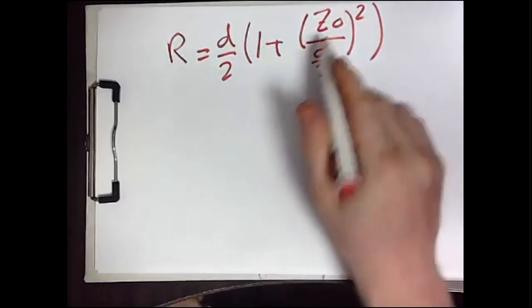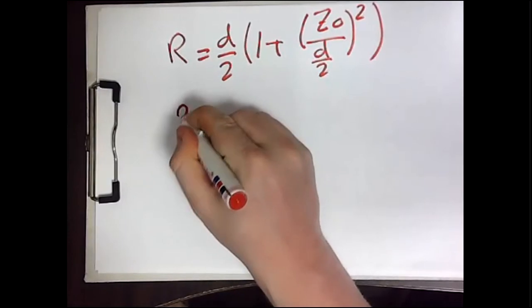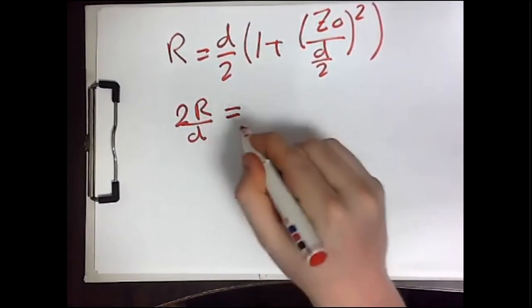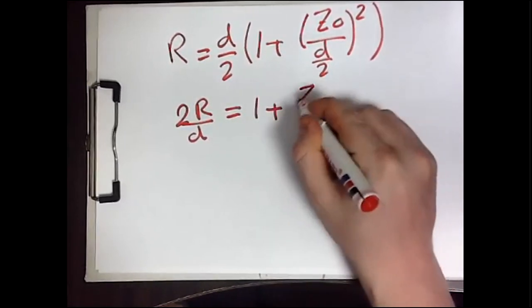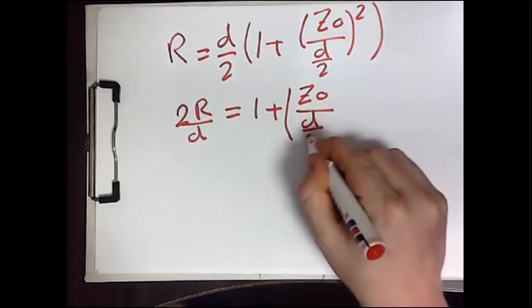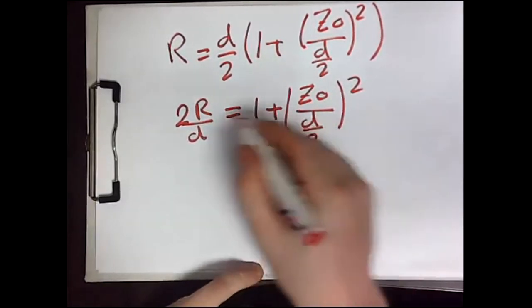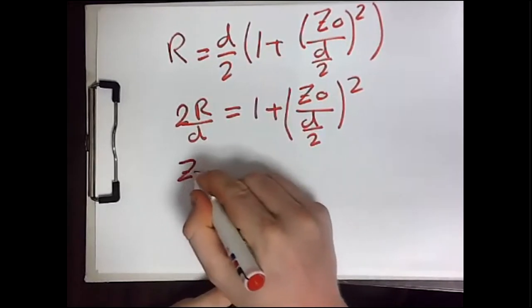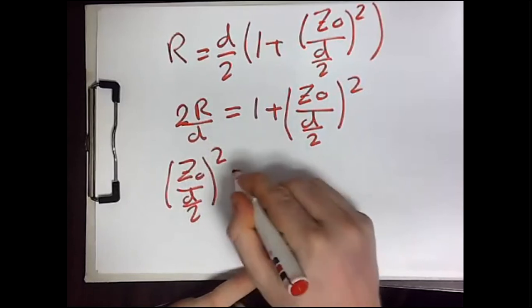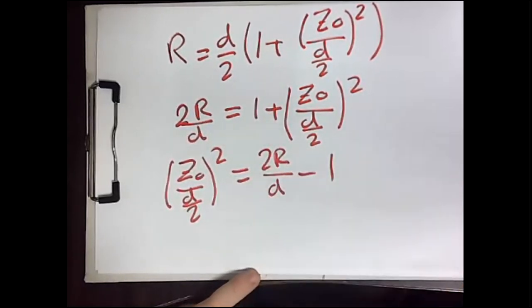Let's solve it for Z node. So 2R over d equals 1 plus (Z node over d over 2) all squared. Or we can write that (Z node over d over 2) all squared equals 2R over d minus 1.